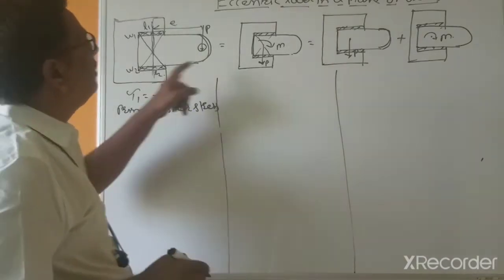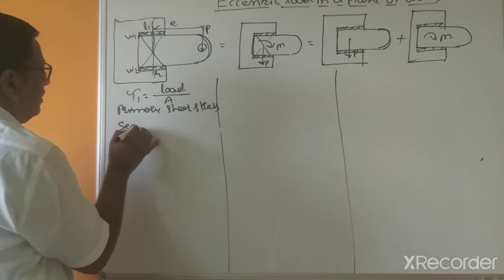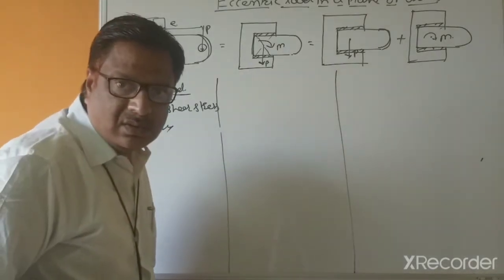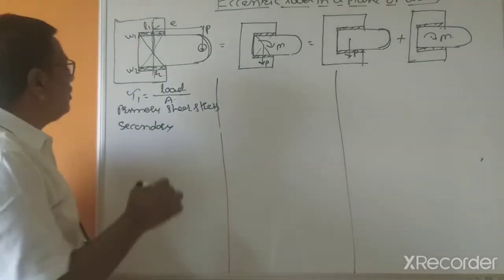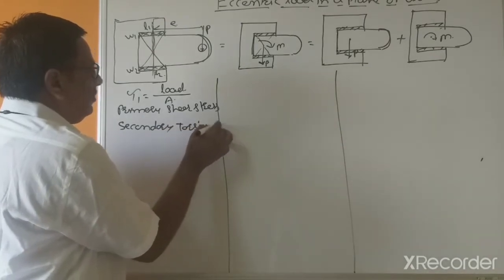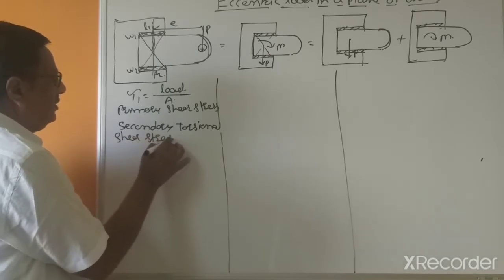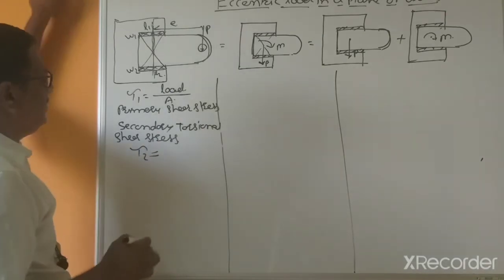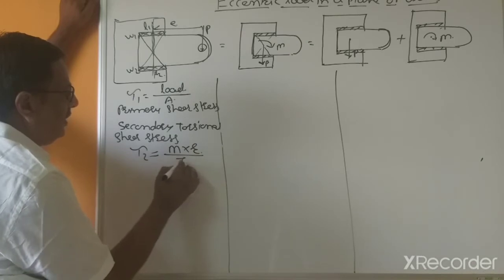And because of this moment, that is secondary torsional shear stress, tau 2 equal to M multiplied by R divided by J.